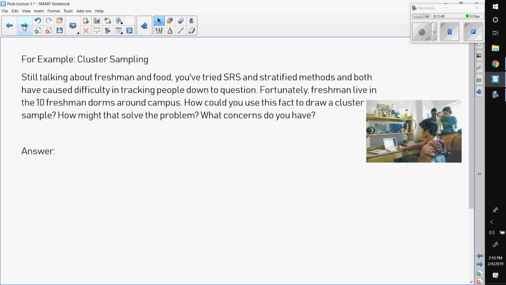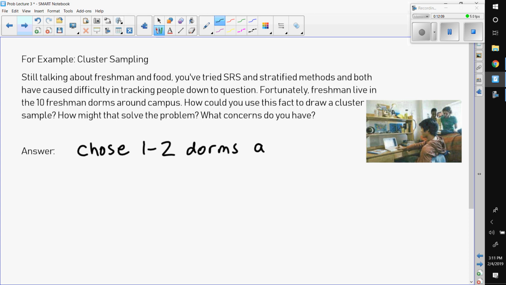Let's see an example of that. If we're still talking about freshmen and their food, we've tried the simple random sample and stratified methods, and both have caused difficulty in tracking people down to question them. Fortunately, freshmen live in 10 freshman dorms around campus. How could I use this to draw a cluster sample? How might that solve the problem? In this case, we could choose 1 to 2 dorms as a cluster group.